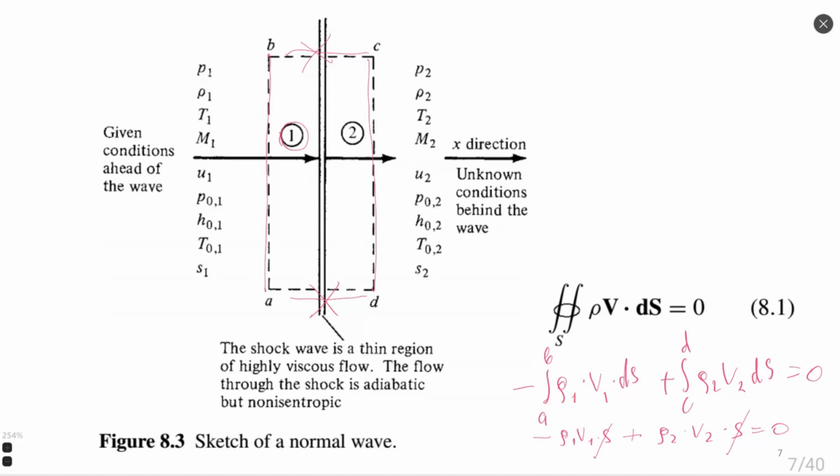And we receive a very simple relation: density 1, velocity 1 is equal to density 2, velocity 2, which tells us the quantity of mass which entered the control volume is equal to the quantity of mass which exits the control volume. This is quite obvious, right? But now we proved this in a simple analytical way.